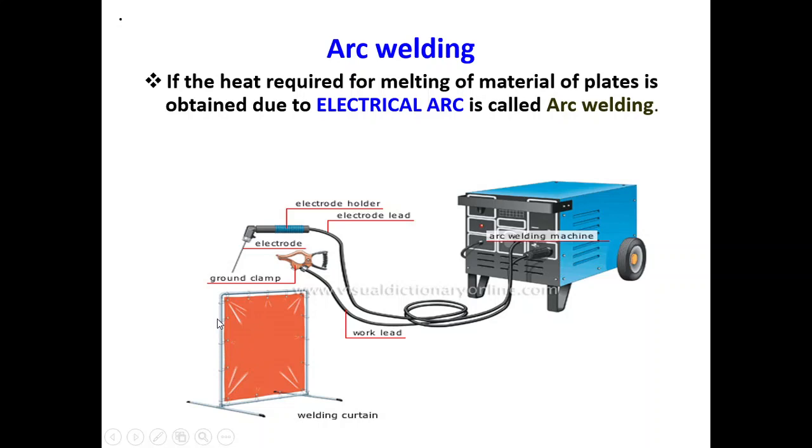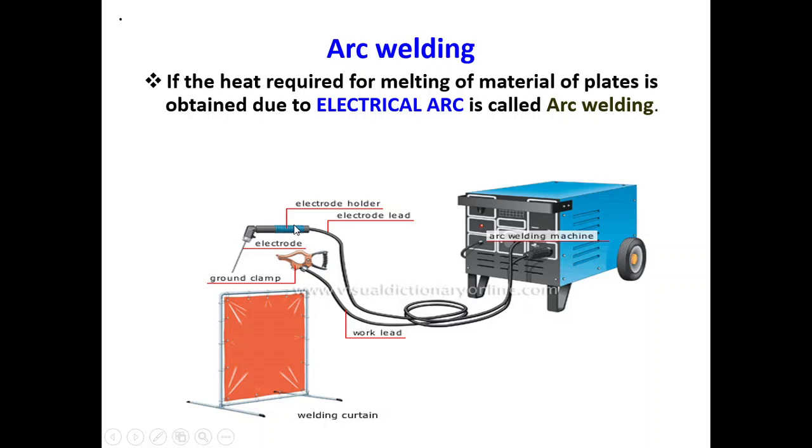The electrode is moved along the joint, and the molten weld pool cools and solidifies. This movement of the electrode relative to the work is done either by human means or by automatic means. Most of the time we see human means.